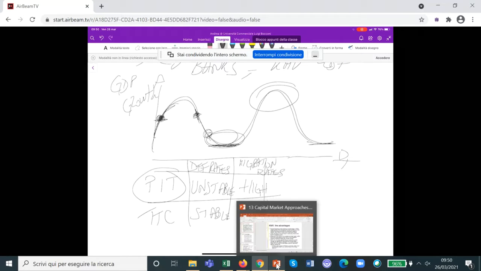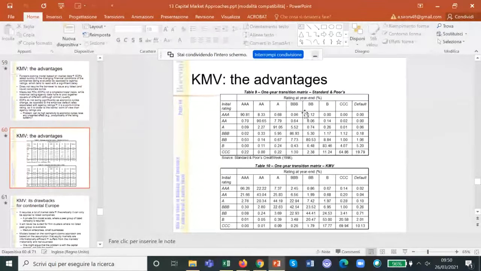And we can see that here. Let me give you an idea. This is a one-year transition matrix for Standard & Poor's, and this is a one-year transition matrix for KMV. What is a transition matrix? I guess you probably heard that already.